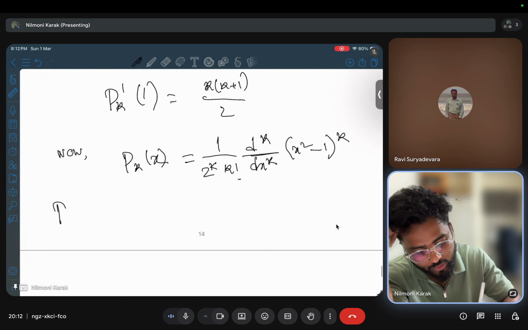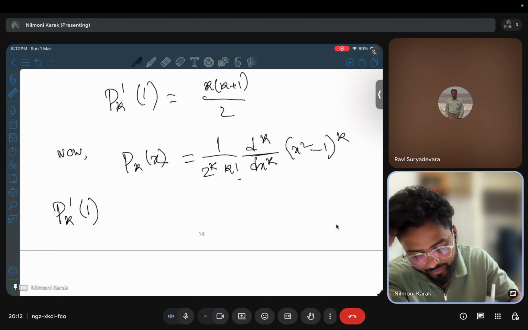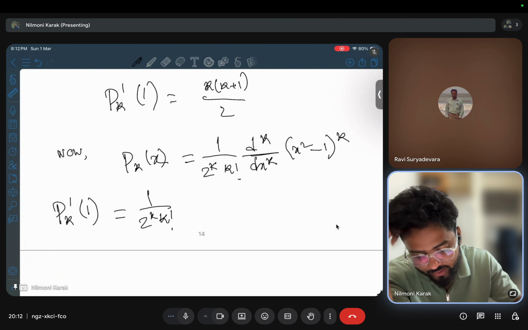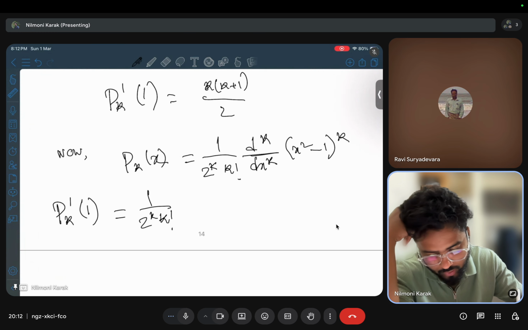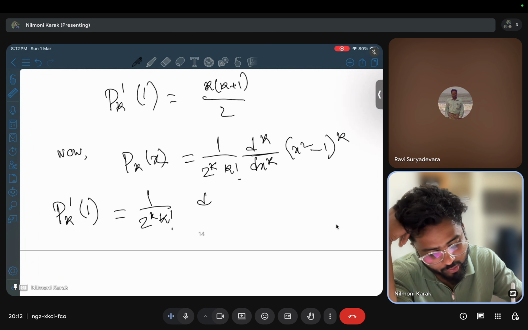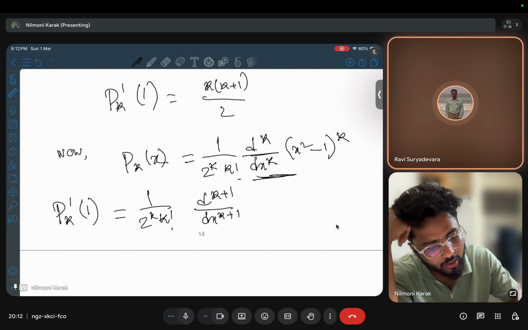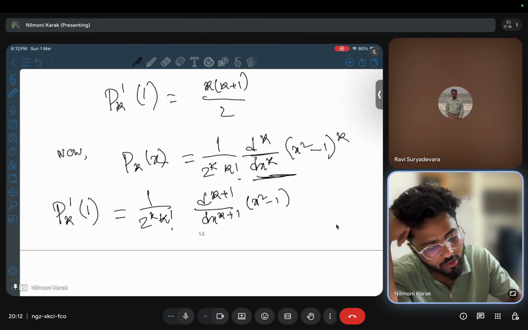So what is the derivative of this Pk(x) at 1? 2 to the power k and k factorial, this is constant. So what you have to do is d^(k+1)/dx^(k+1), so you are differentiating again, right, of (x square minus 1) to the power k at x equals 1.